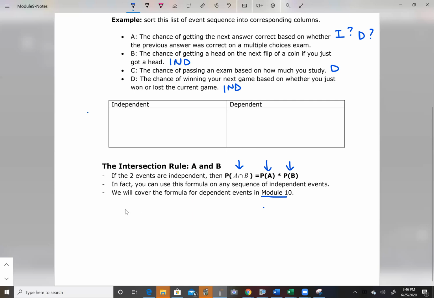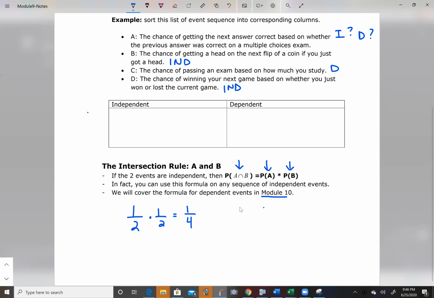So the probability of flipping a coin and getting heads is 1/2, right? The probability of doing it again is also 1/2. Okay, so the probability of flipping a coin twice and both times getting heads is 1/4, because you multiply those together.